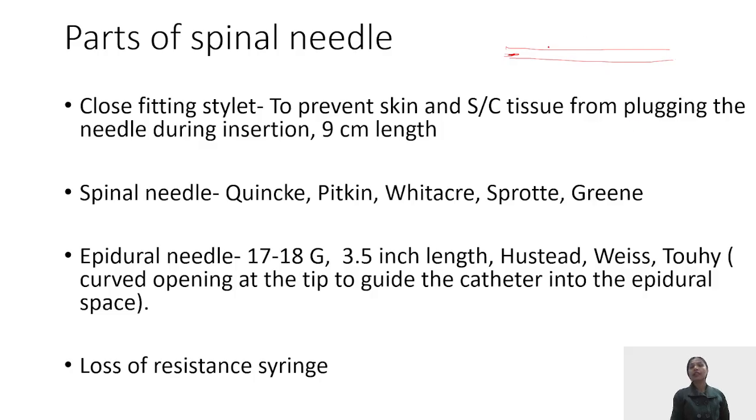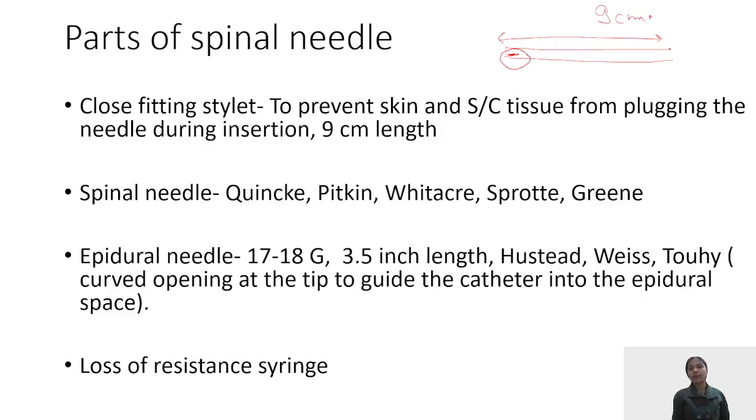I repeat, it is asked whether the stellate has to be there or removed. You have to always introduce the needle along with the stellate inside it. Is that clear? The length of the spinal needle is around 9 centimeters.